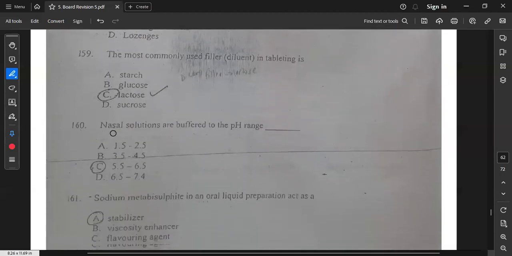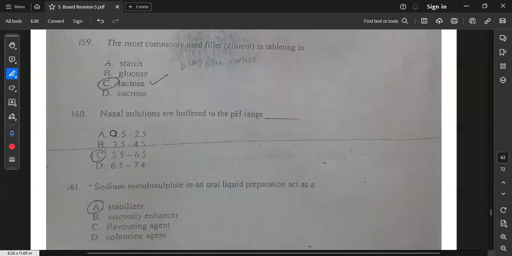Enteric coated tablets. The most commonly used filler or diluent in tableting is starch, glucose, lactose, or sucrose. Lactose is the most commonly used filler.